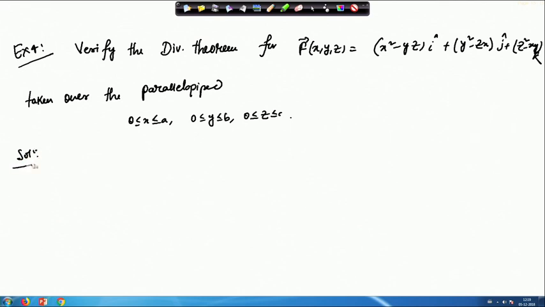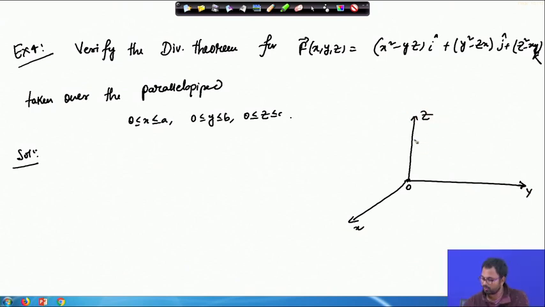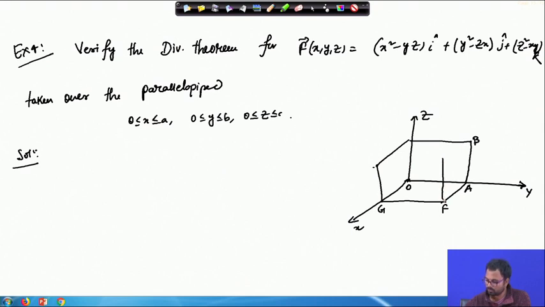So, the solution. First of all let us draw our parallelepiped. So, this is the origin, that is my x axis, that is y axis, this is z axis, and if I draw, then this is all right, and this is G, this is F, A, B, so this is A, B, C, D, E, F, and G. All right.